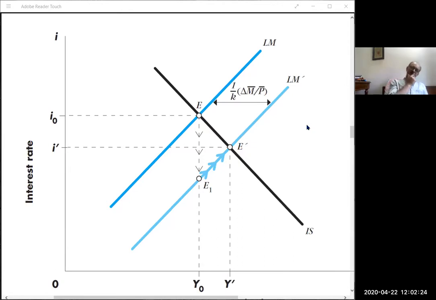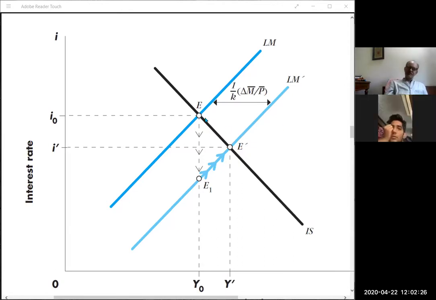Now, but the dynamics is not really from E to E prime. The dynamics is somewhat different. Because of this specific thing that we have, the money market adjusts immediately, whereas the goods market takes time to adjust.